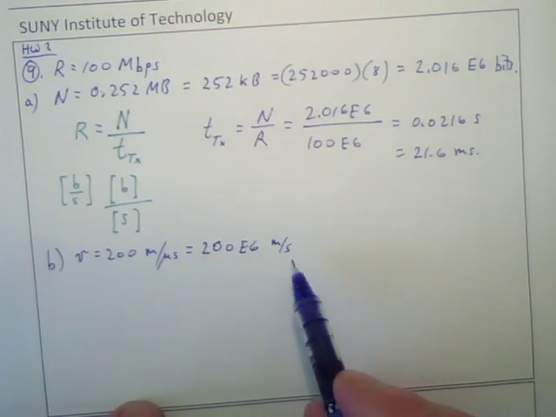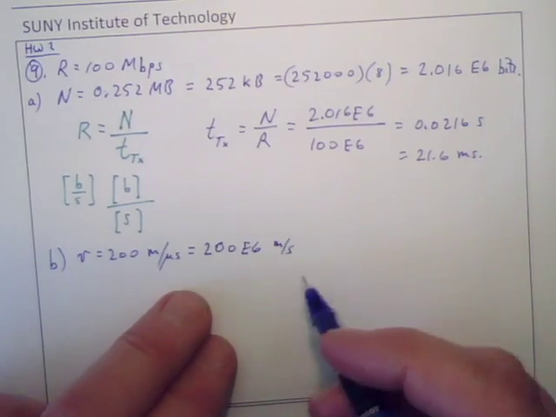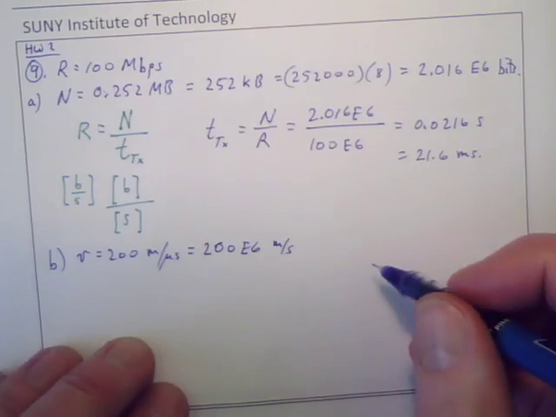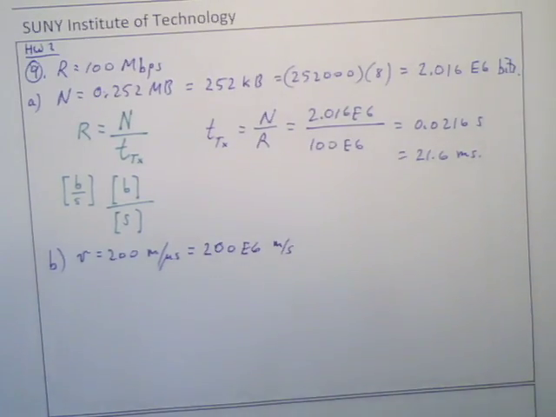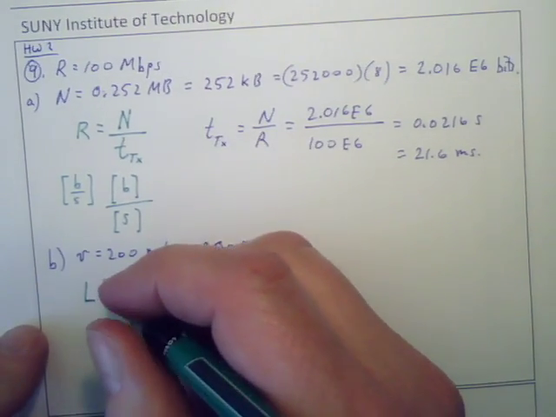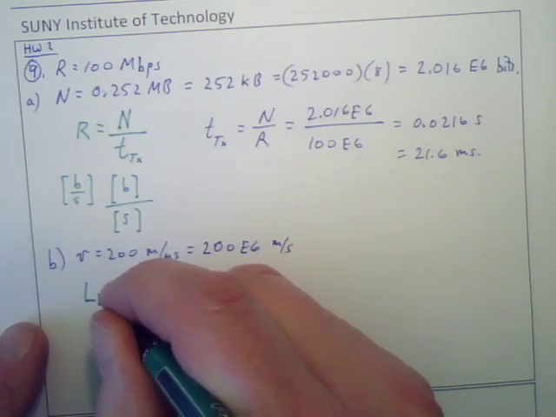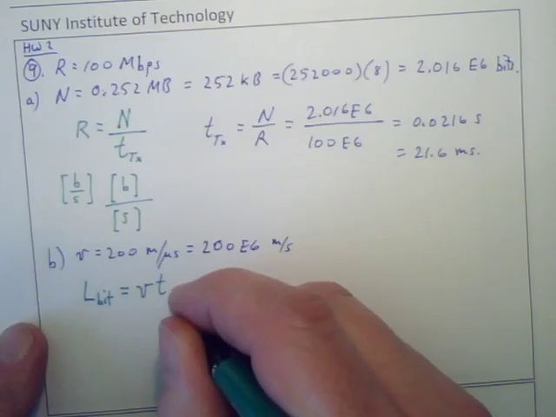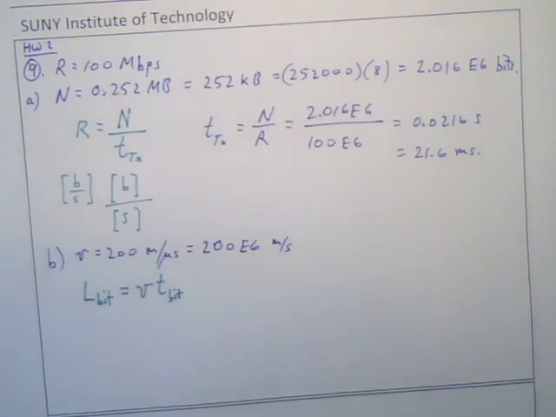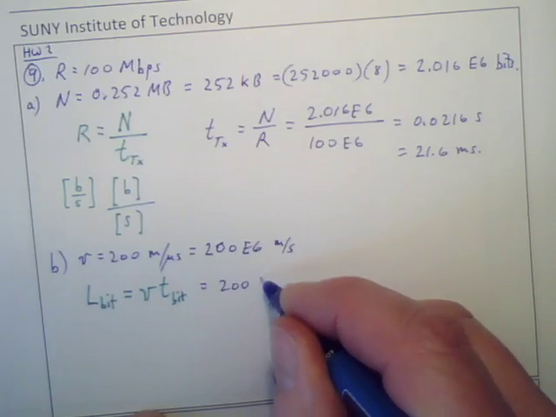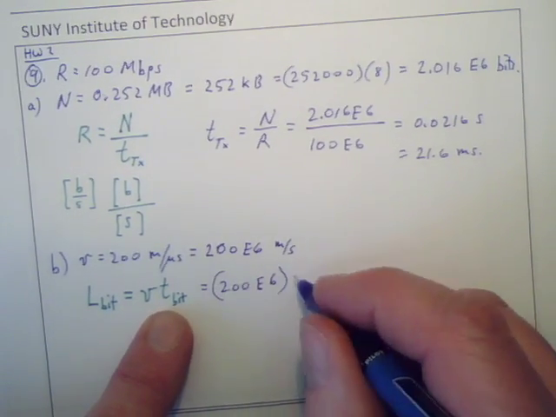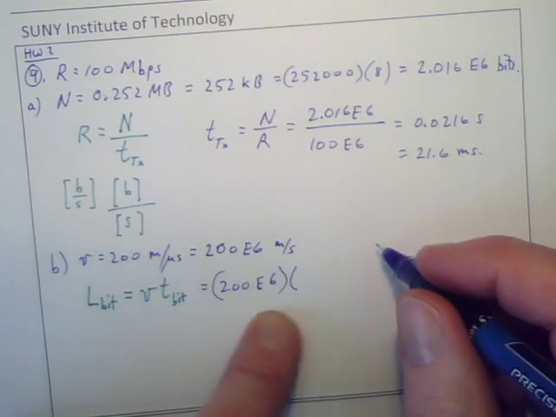And the length of a bit, another fundamental equation, although more for fun than anything else, is the velocity times the time it takes for a bit to be sent out. So this is 200 times 10 to the 6th meters per second times the time for 1 bit.